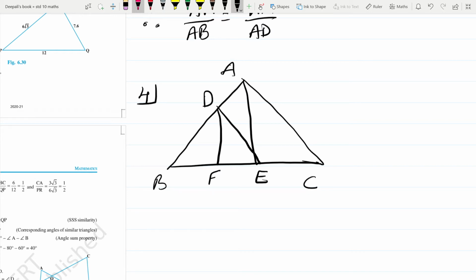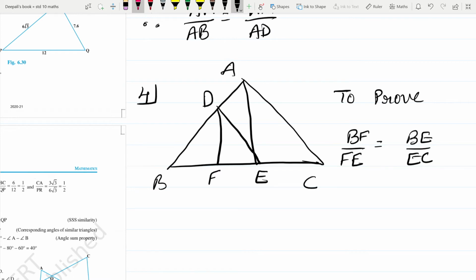We have to prove that BF upon FE is equal to BE upon EC.